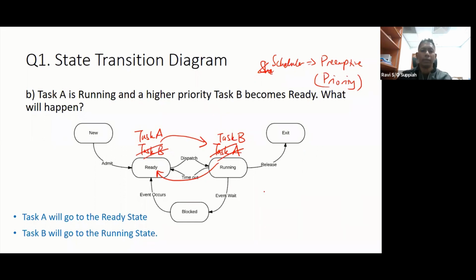But even if all of your tasks are not in the running state, there will still be a task that is running. As long as you have any one task in the ready state, the scheduler will transition that to the run state.